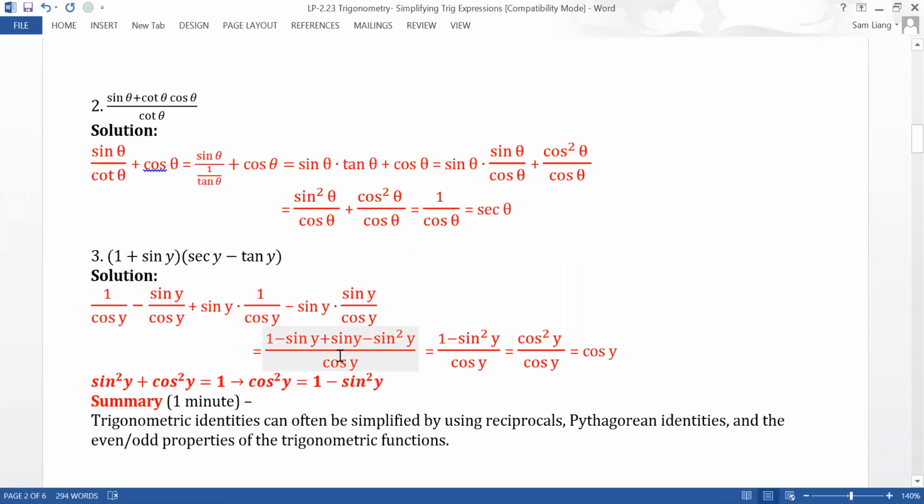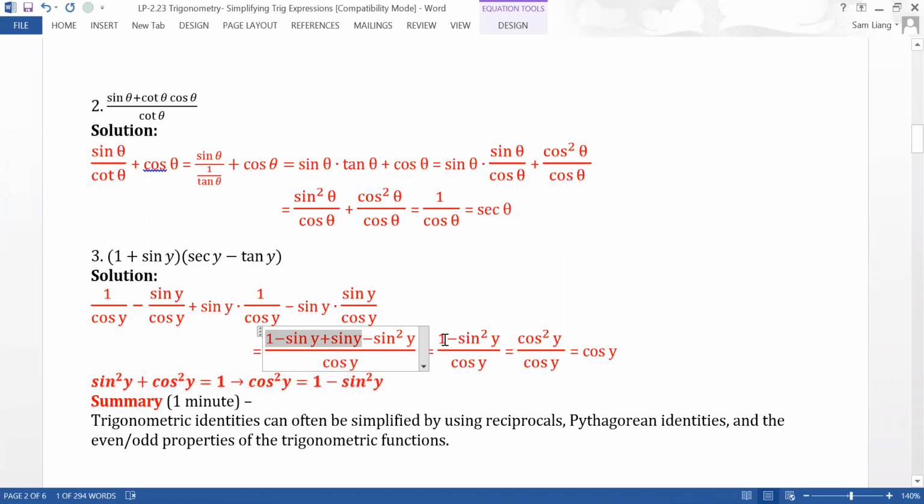At this point, divide all that by cosine. Yeah, so that's what we have for the entire fraction. And then the middle two terms sum to 0. Okay, so negative sine y plus sine y is 0. And then 1 minus sine squared y, we can use the Pythagorean identity, right? So sine squared y plus cosine squared y equals 1. I just write here for reference.